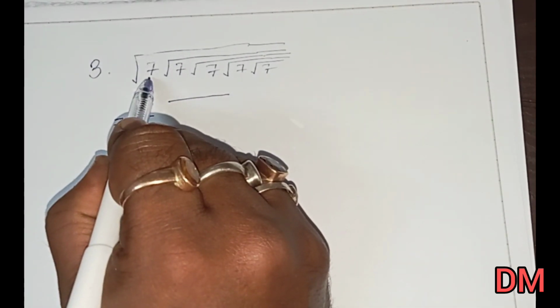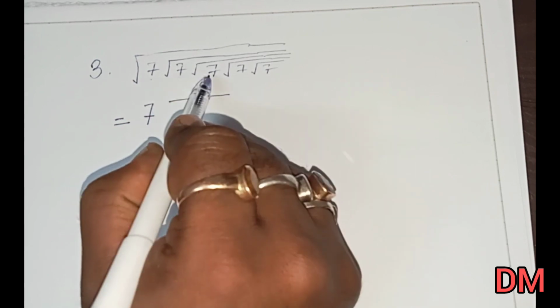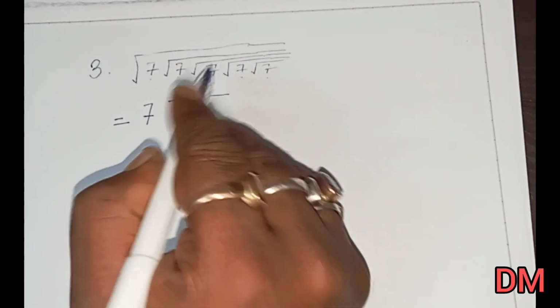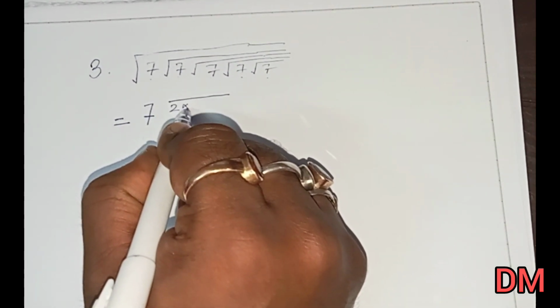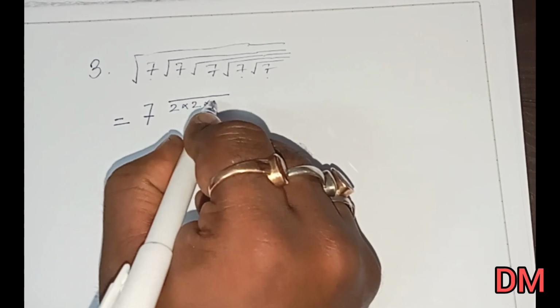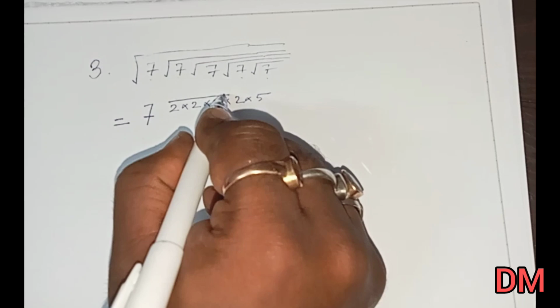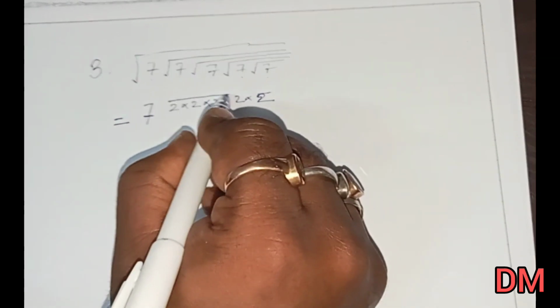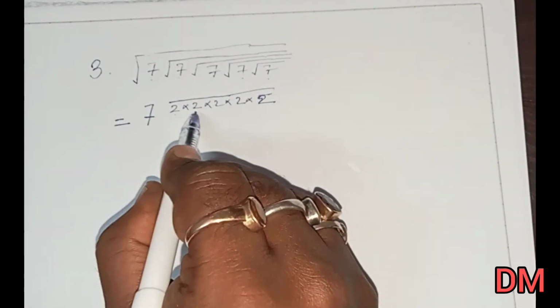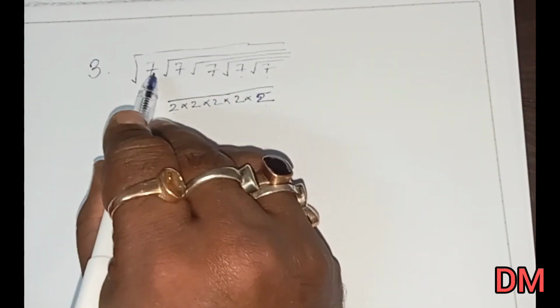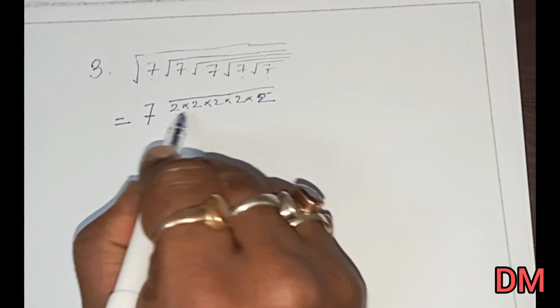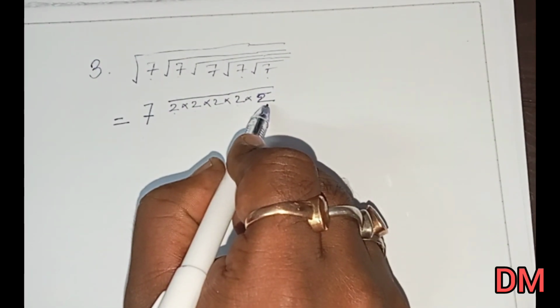Now the number of 7s present here: 1, 2, 3, 4 and 5. So you have to write 2 into 2 into 2 into 2 into 2. 5 sevens are present here, so you have to write 5 times 2.